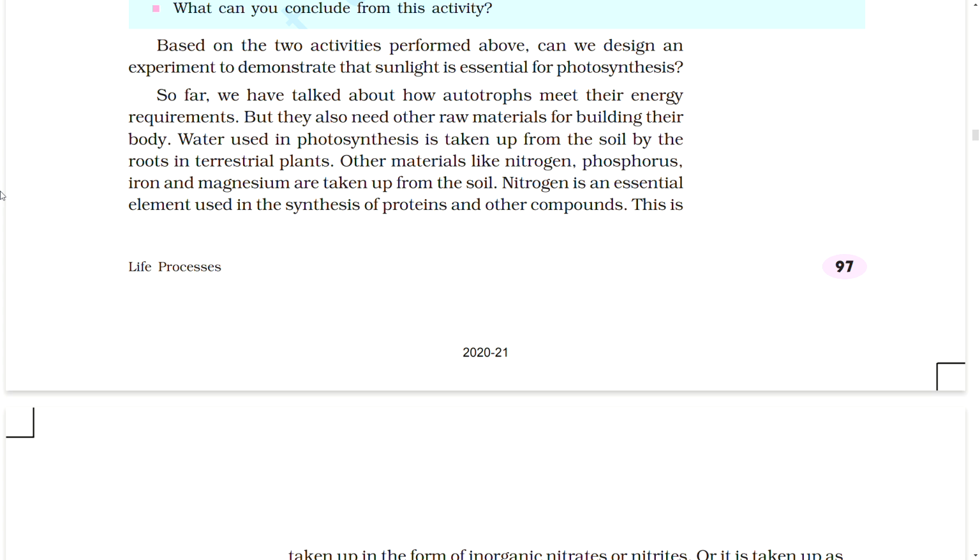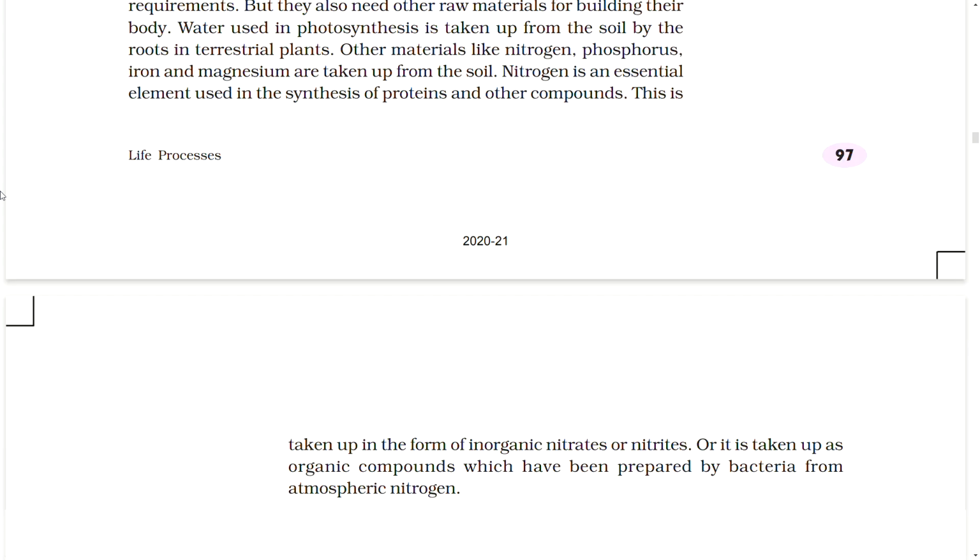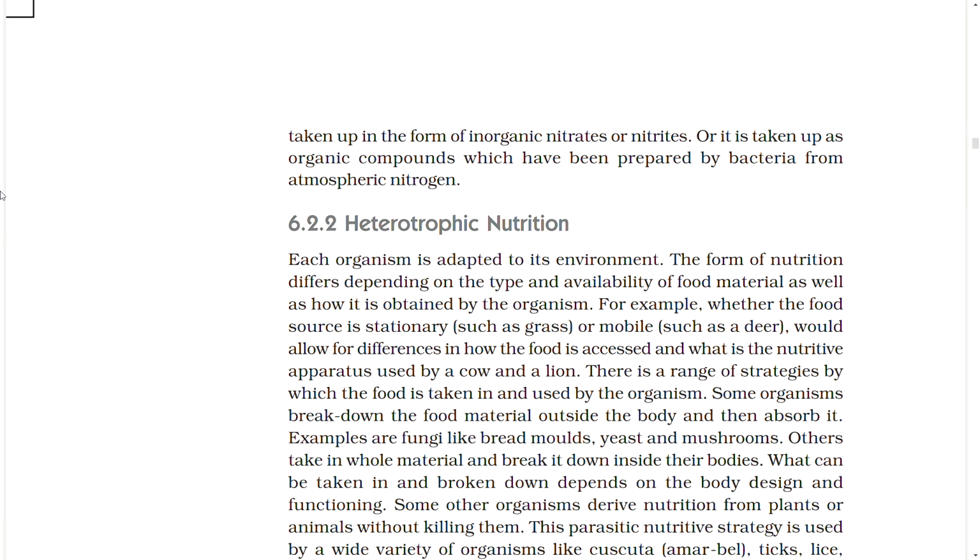Other materials like nitrogen, phosphorus, iron, and magnesium are taken up from the soil. Nitrogen is an essential element used in the synthesis of protein and other compounds. This is taken up in the form of inorganic nitrates or nitrites, or as organic compounds which have been prepared by bacteria from atmospheric nitrogen.